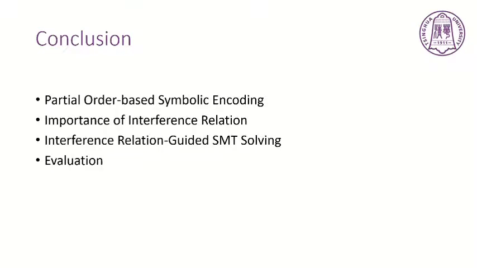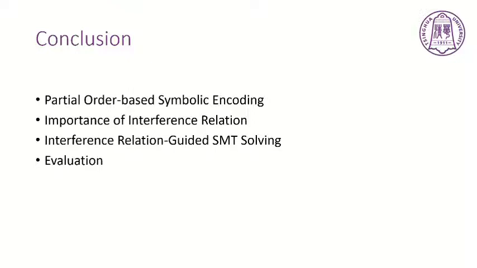So here is a conclusion. In this paper, we first introduced the partial order-based symbolic encoding to show how to encode a multi-threaded program into its verification condition formula. And in SMT solving, there are many unassigned variables that need to be decided to check the satisfiability of the formula. Among those variables, we see that the interference relation is important and it is implied by interference variables.